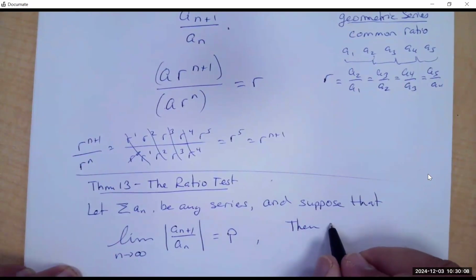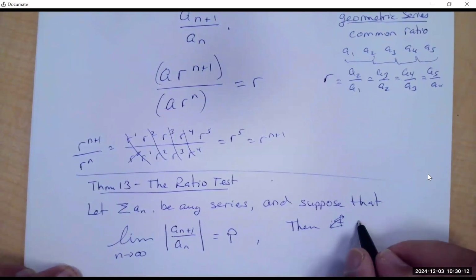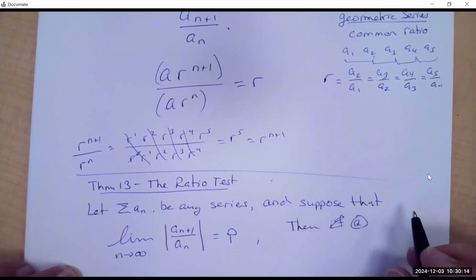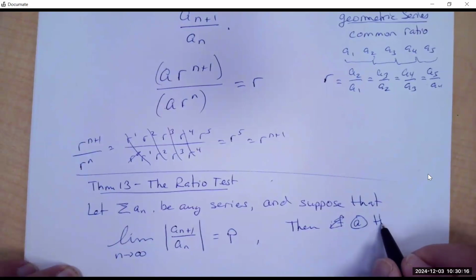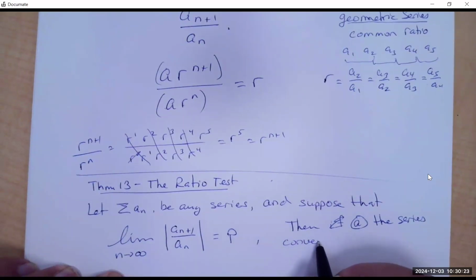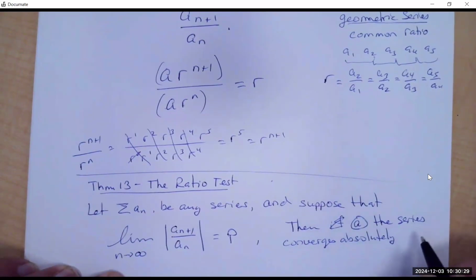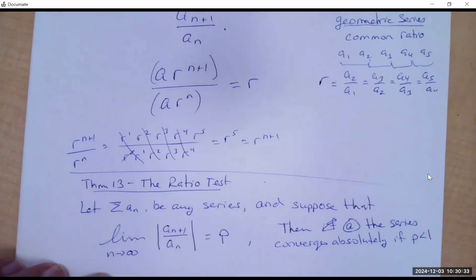Then the series converges absolutely if p is less than 1, which we just proved.